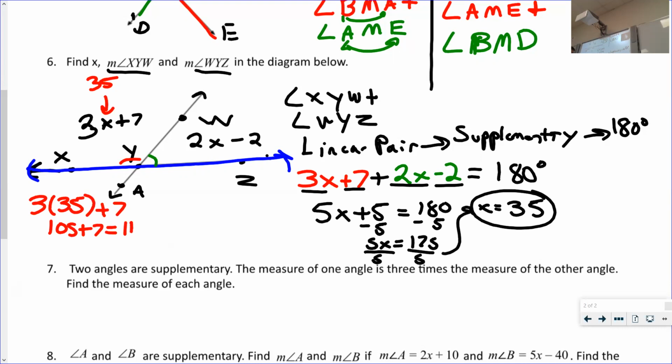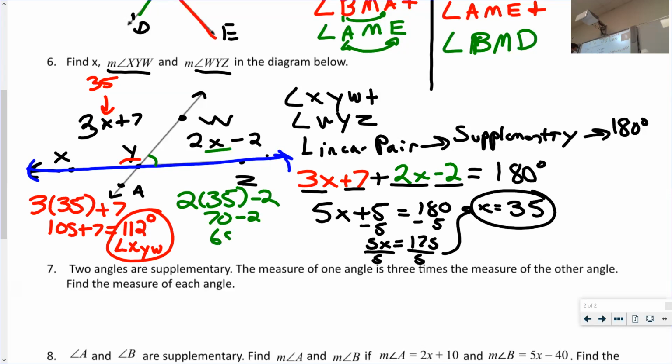This is 112 degrees, which is angle XYW. And the next one, I'll do it in green. We take this x and we're going to replace it with 35. 2 times 35 minus 2. 70 minus 2.